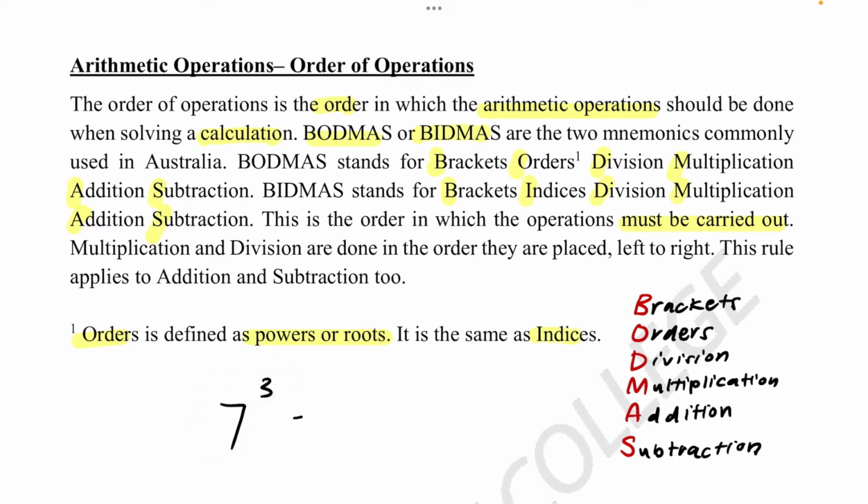So if you were to visualize this, it would be 7 times 7 times 7. So this is basically what an index is. You may not encounter this in your everyday maths, but if you do, just know that it comes before all these other functions like division, multiplication, addition, and subtraction.